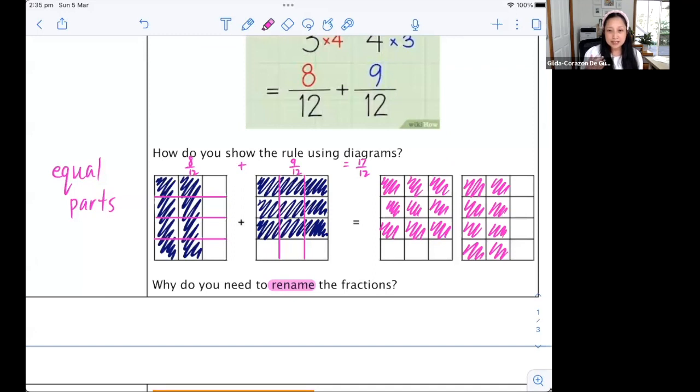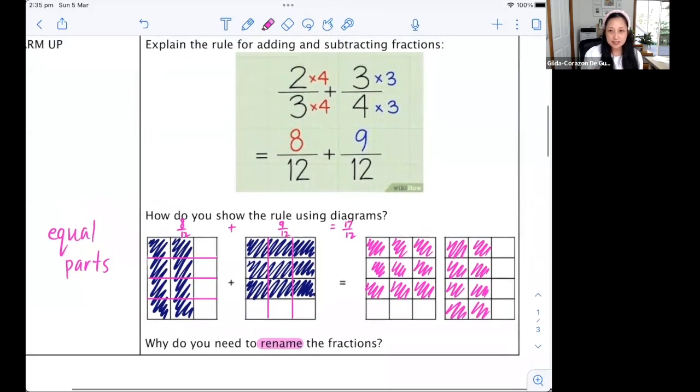When you say renaming in mathematics, you'll do that in any stage of mathematics that you will be doing. So you want to make sure that you are able to rename these fractions, these numbers, as to how you want them to function for you.